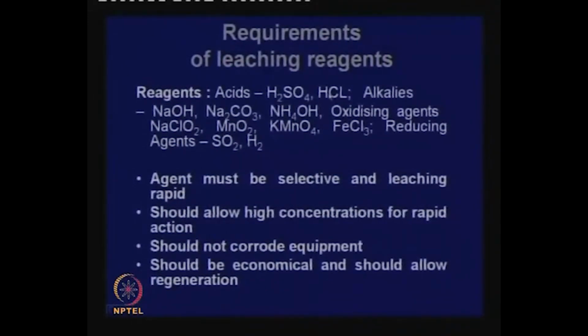During leaching, generally we take the metallic values in solution and the gangue is rejected in the solids, but the opposite of that is also done. We saw in the case of monazite leaching by alkali in our country, alkalis dissolve away the undesirables, and the desirable part remains in the insoluble residue.